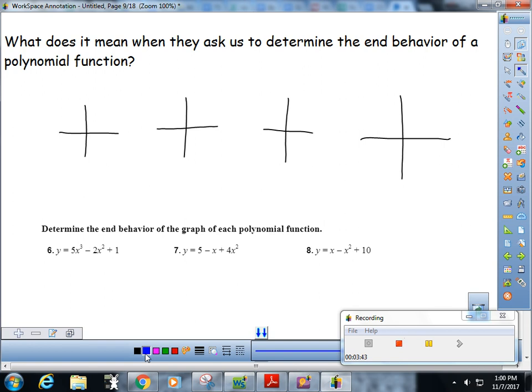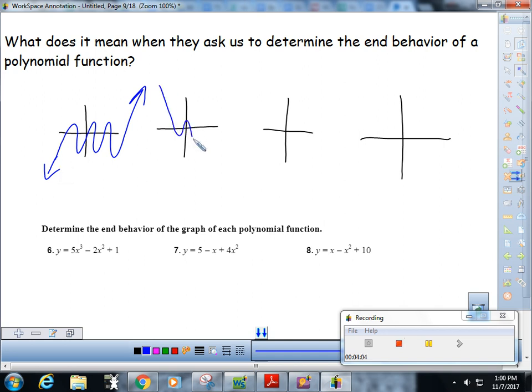Okay? It can start low and end high, right? It could start high and end low. It could start high and end high.